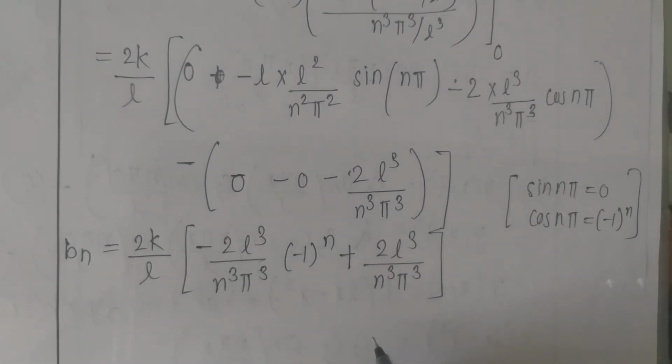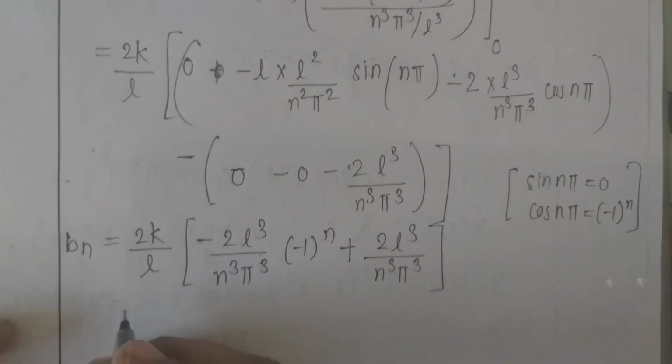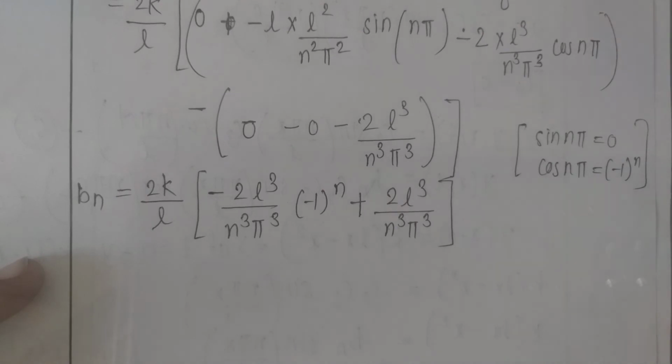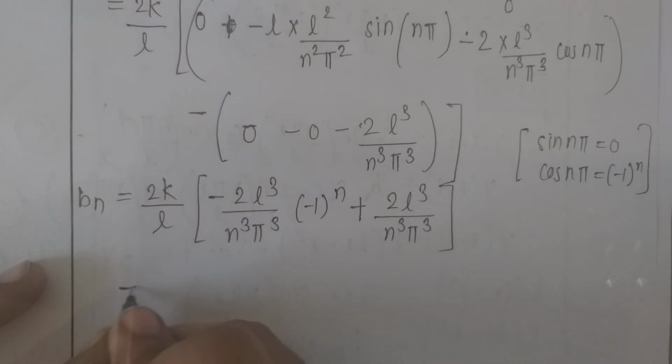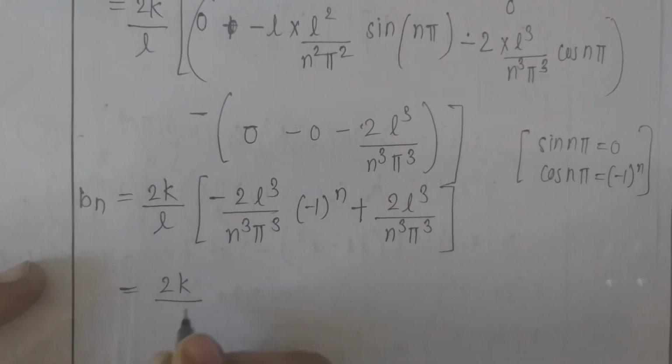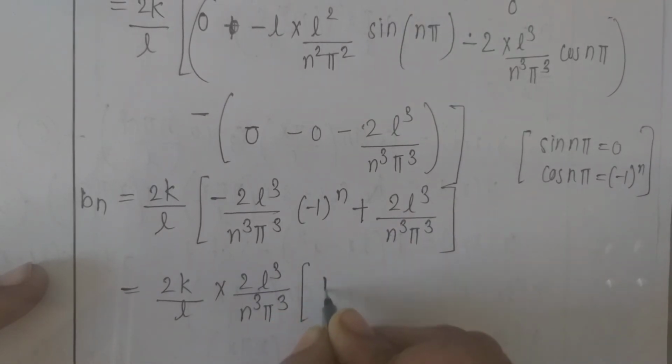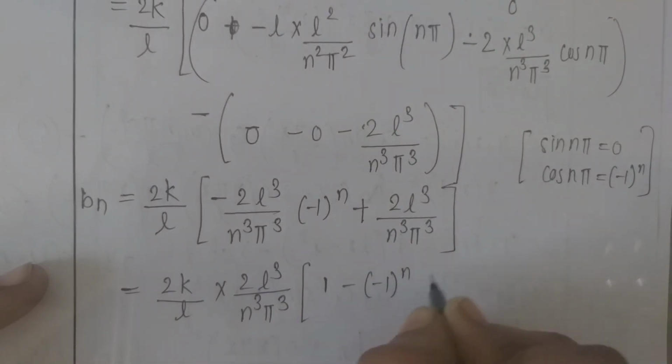So this is equal to 2k by L. What is the common term? 2L cube divided by n cube pi cube, times 1 minus minus 1 to the power n.